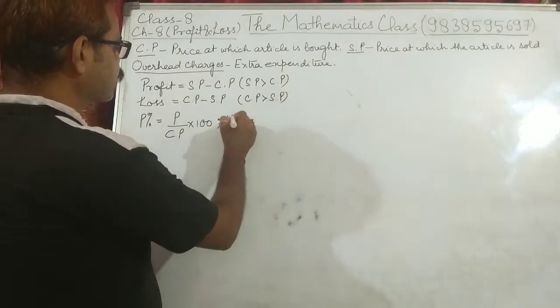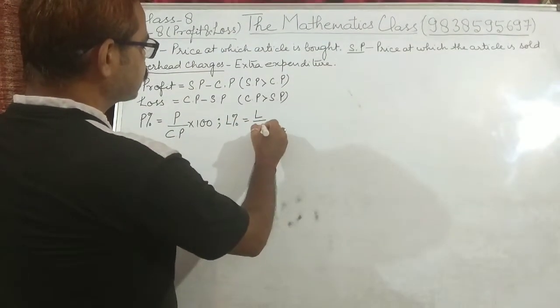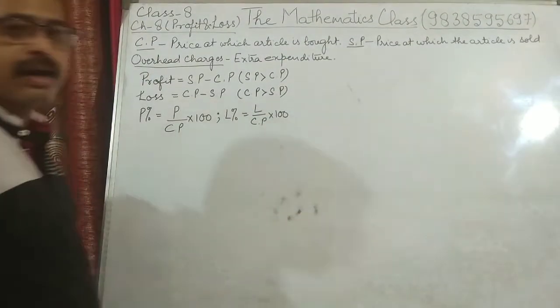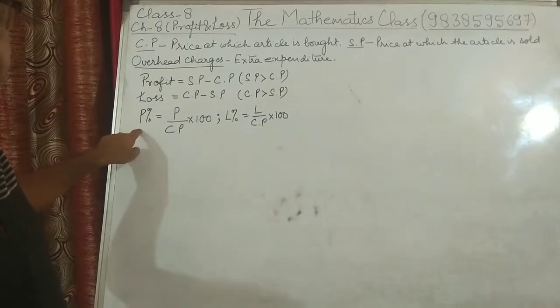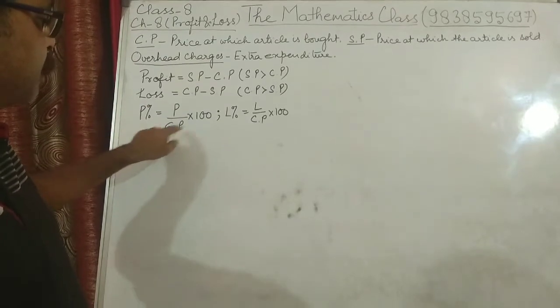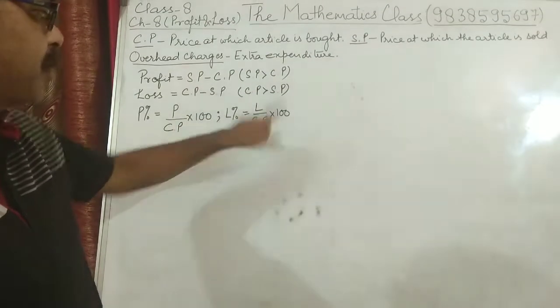Similarly, loss percent is loss in rupees upon CP into 100. These three are the basic formulae. When you are calculating profit percent, you will write profit in rupees upon CP into 100. Loss percent, when we are finding, that is loss upon CP into 100.